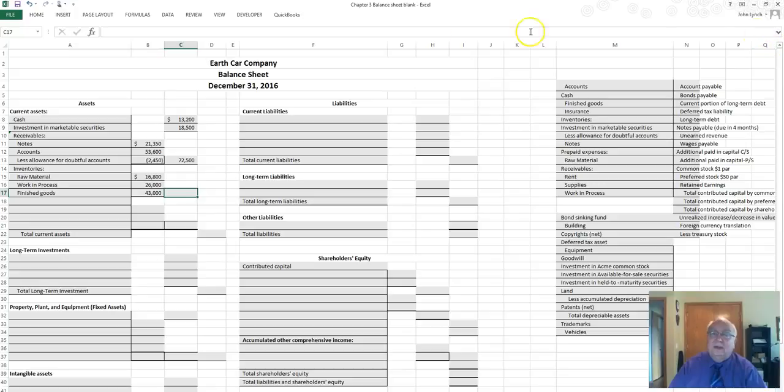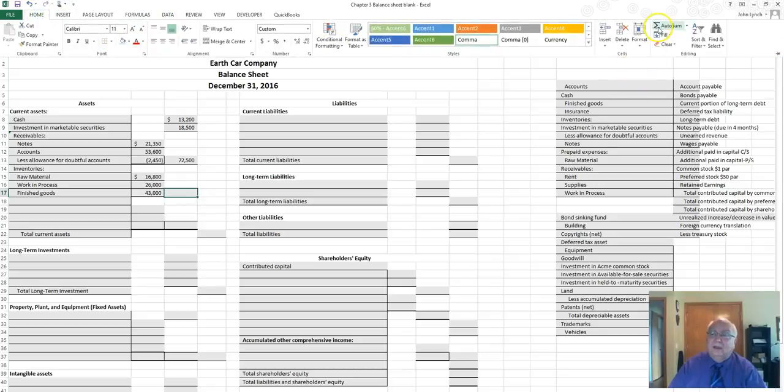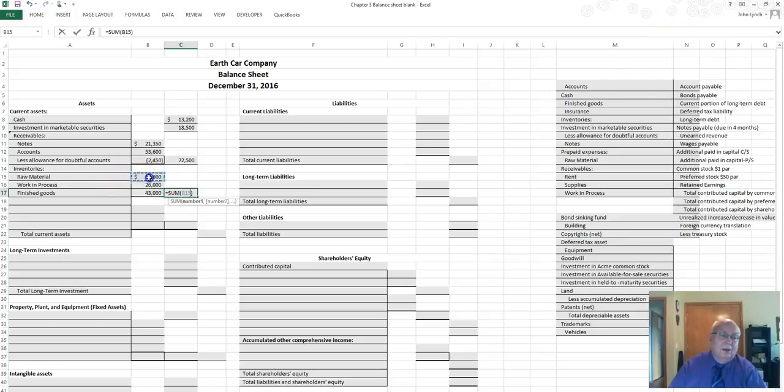And this will be just the summation of those three. Now, like I said, this is a manufacturing firm. If it was a merchandising firm, all you would have would be finished goods inventory, or just material inventory. So you just have the product that you'd be selling. You wouldn't have three different inventories.